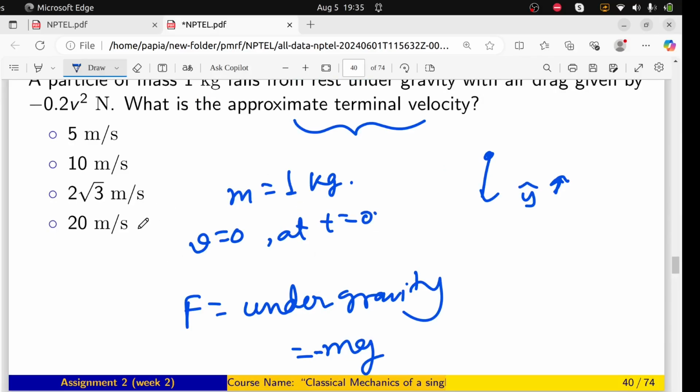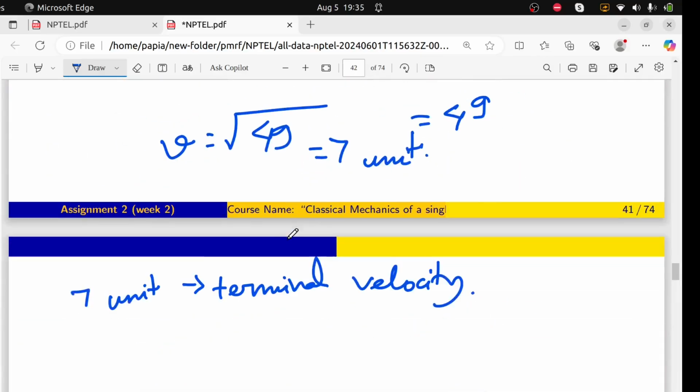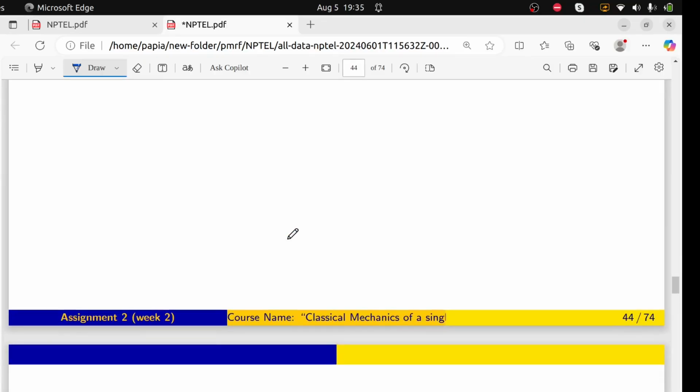Approximate is being said, so if I calculate 2 root 3, that will also not come, but the answer is 7. Here we just calculated that under mg the force is coming as minus 0.2 into v square. So from there we just calculated the value of v.